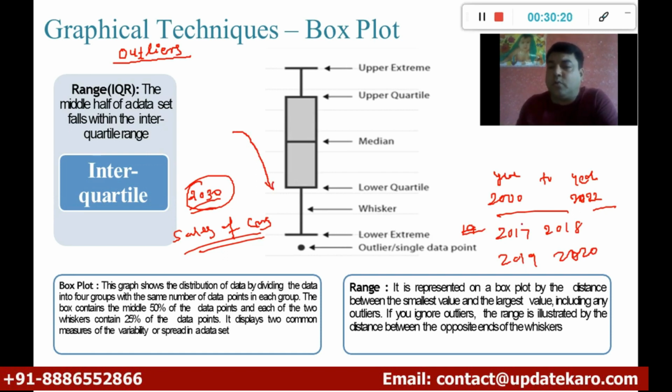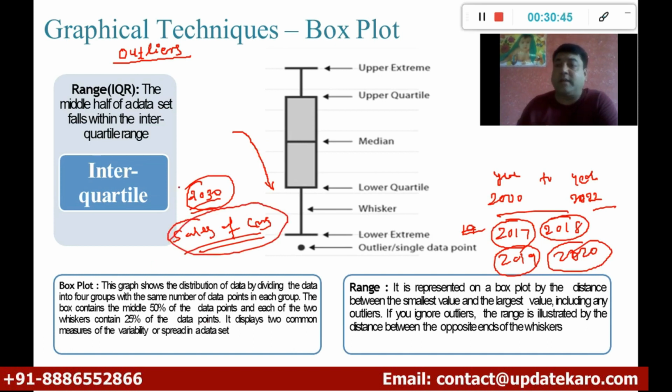Oh, then you will come to know that in one year the GST implementation has happened, in one year the demonetization has happened, then because of that there was a slowdown, and then all of a sudden the coronavirus has come, and because of that the economy has gone down, and with that even the sales of cars have also gone down, or probably electric cars have come into the market, and that is why the sales of the regular cars, which run on oil energy, like diesel and so on, have gone down, right?